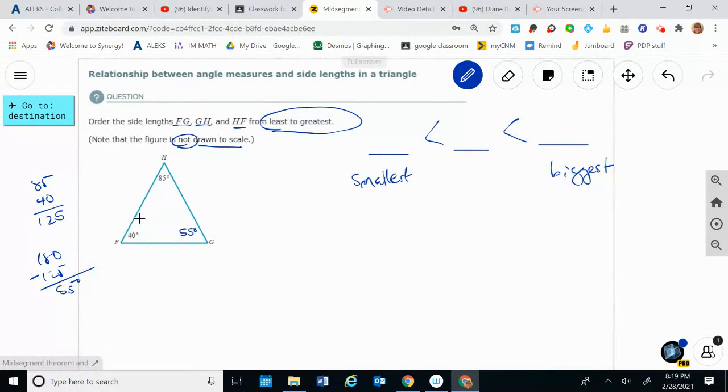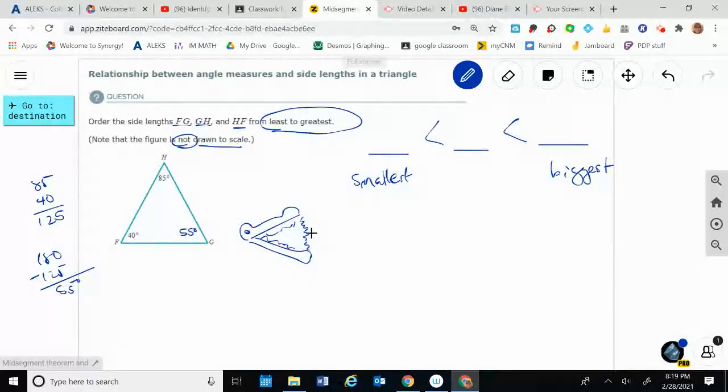Here are the three sides: FG, GH, and HF. So which one is going to be the biggest? Think about it as a mouth. Say this is a crocodile, and this is how big he can open his mouth.